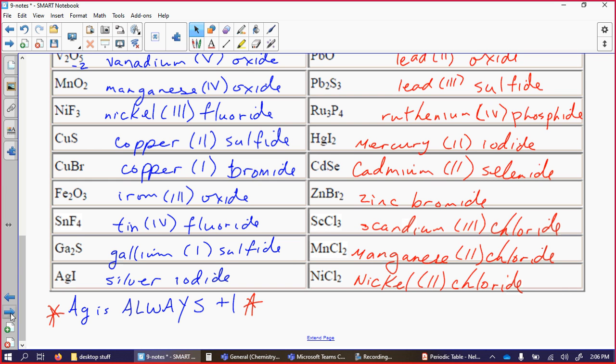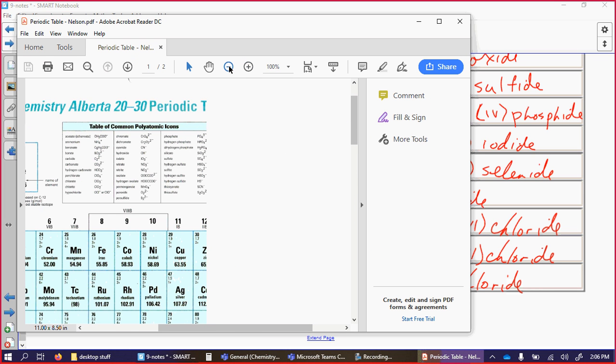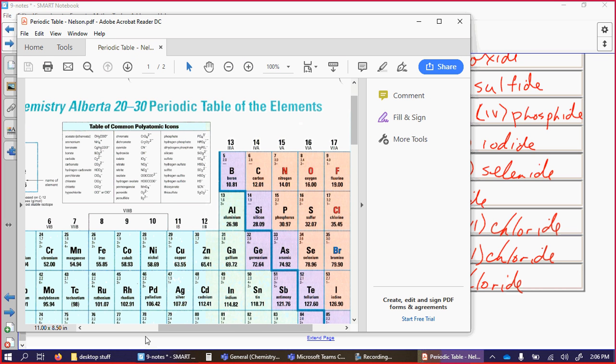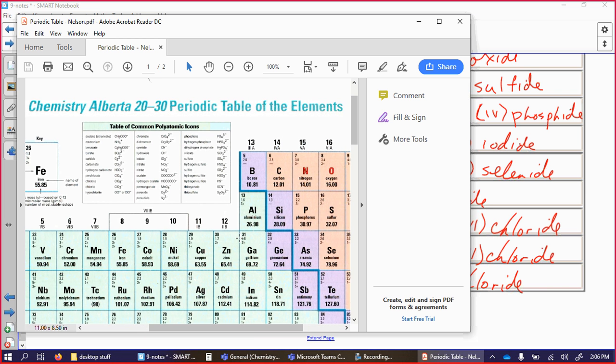If it's group 1, group 2, or group 3A, we don't, and the charges are determined by the position on the periodic table. So group 1A is +1, group 2A is +2, boron and aluminum are usually +3, then -3, -2, -1.